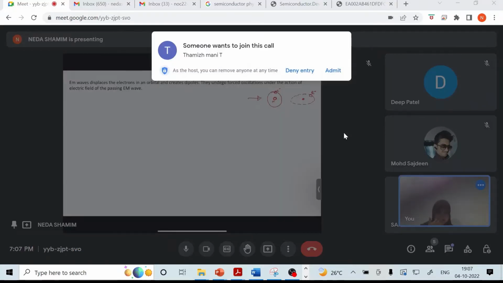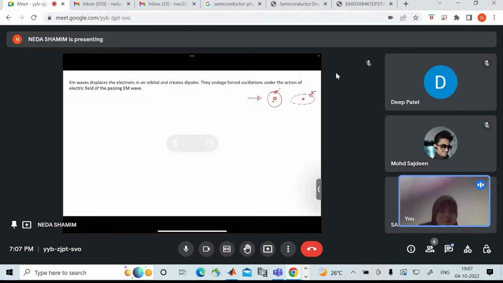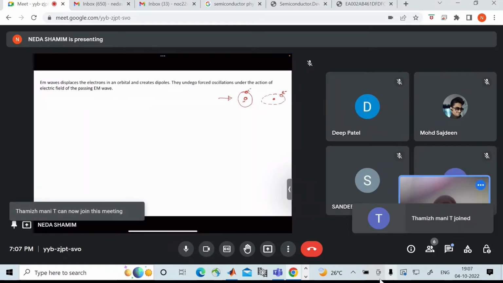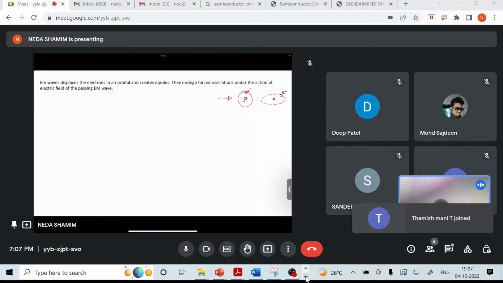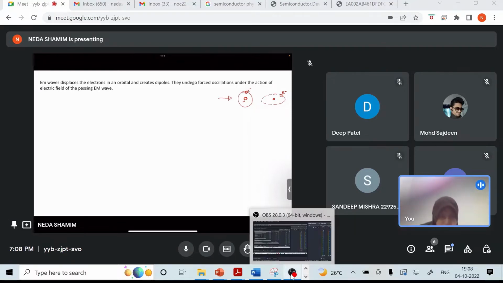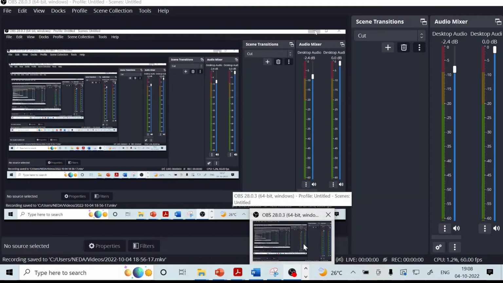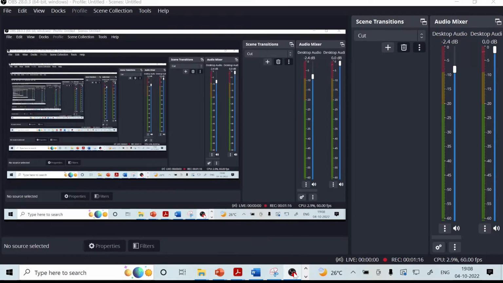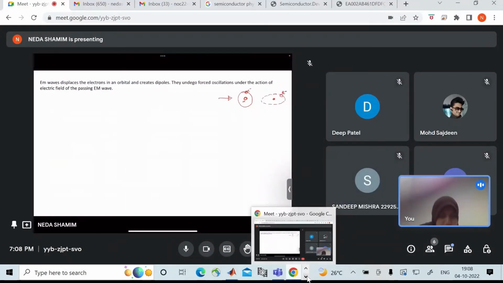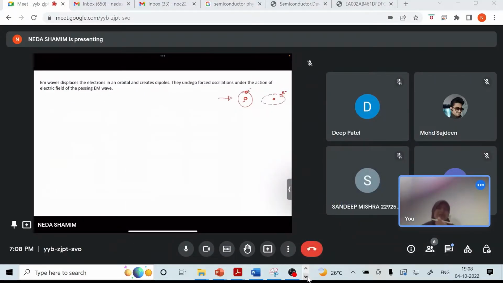Let me admit a few people who want to join. I'm admitting them. So dipoles are created. When dipoles have been created, they will undergo oscillations under the action of the electric field of this passing EM wave.